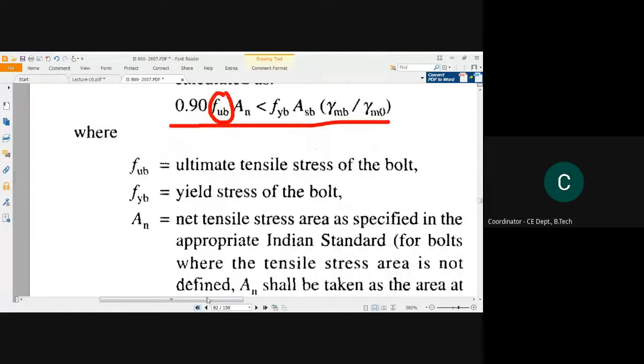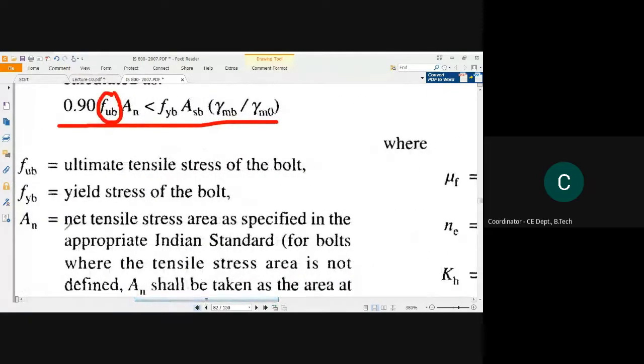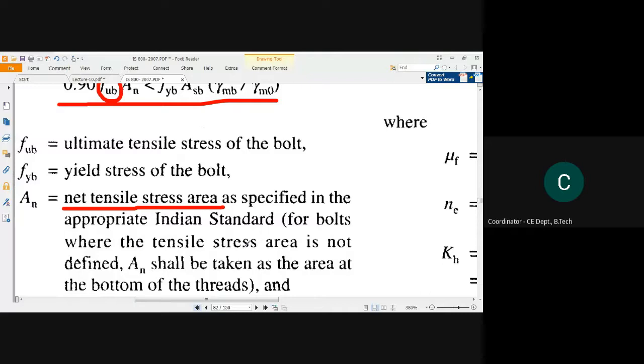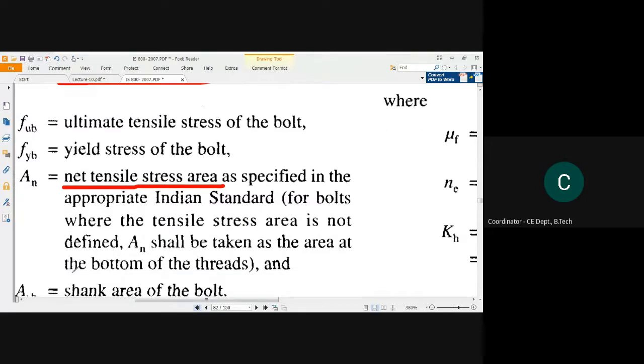What is AN? AN is the net tensile stress area as specified in the appropriate IS code for bolts. Where the tensile stress area is not defined, AN shall be taken as the area at the bottom of the threads.